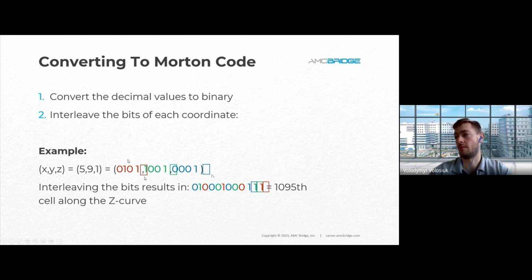So we take the first bit of the x-axis, put it here, take the first bit of the y coordinate, and so we repeat the process. We took all the first bits, then we take the second bits, third bits and the last bits. This way, we have some binary representation of a number which corresponds to something like this.